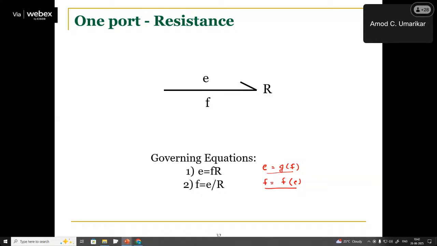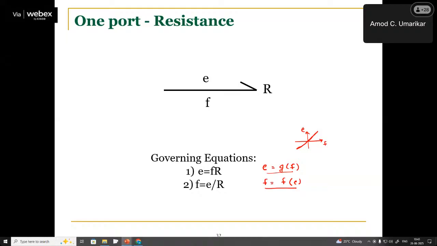Are you getting my point? So this R we have taken as a linear equation, or R has a linear property on the effort and flow domain. If I take effort and flow, it has a linear property. That's the idea.